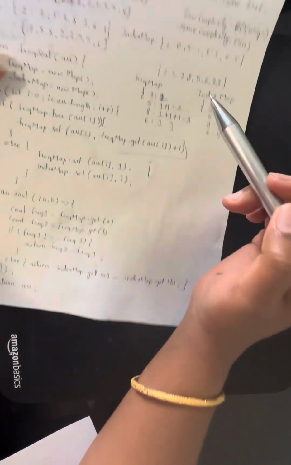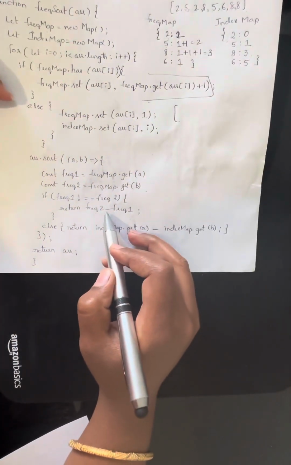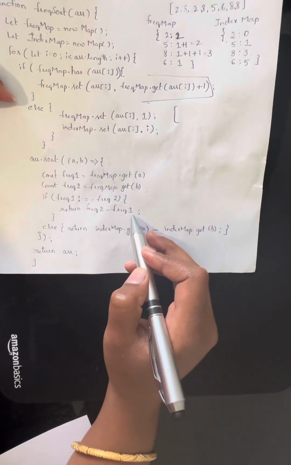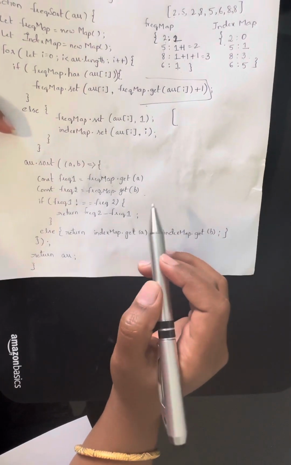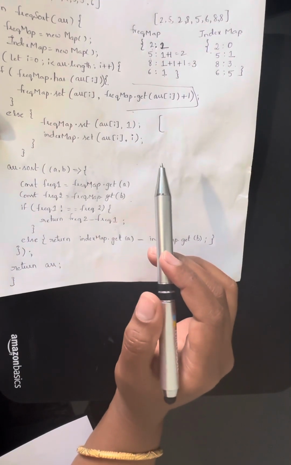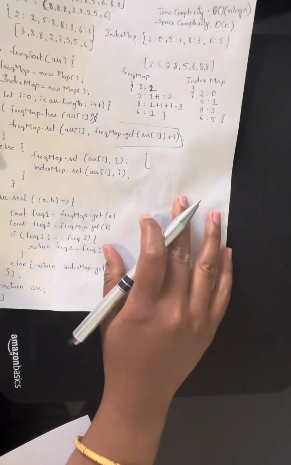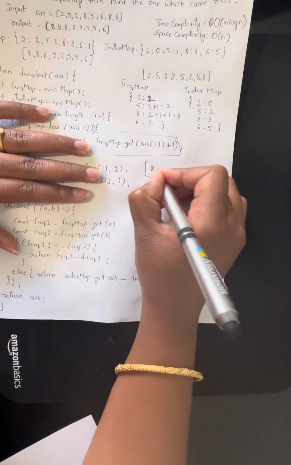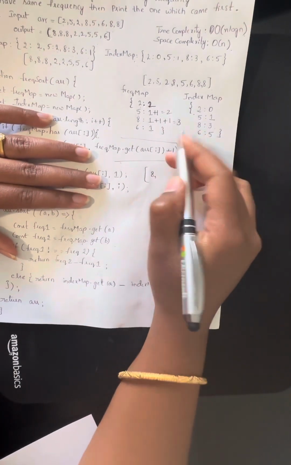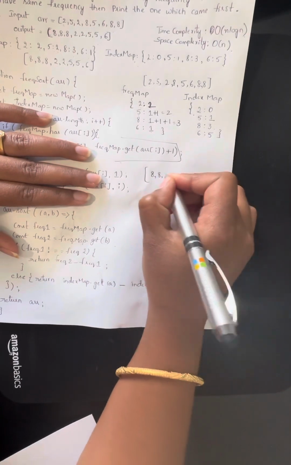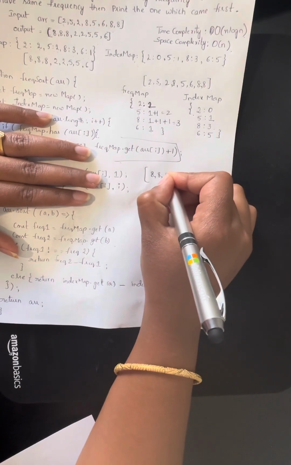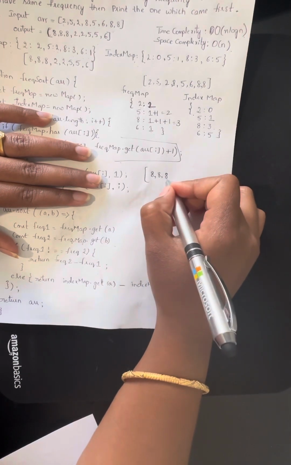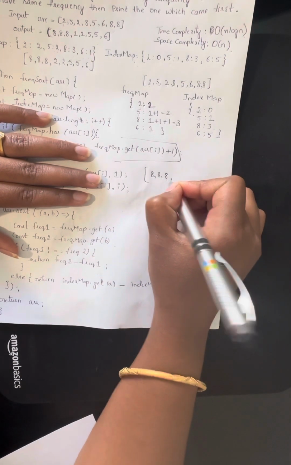Since we are doing frequency 2 minus frequency 1, whichever has the largest frequency will be returned first. So the array will be in decreasing order. We get 8 since it has the higher frequency. The count for the 8 is 3, so we'll print it 3 times.